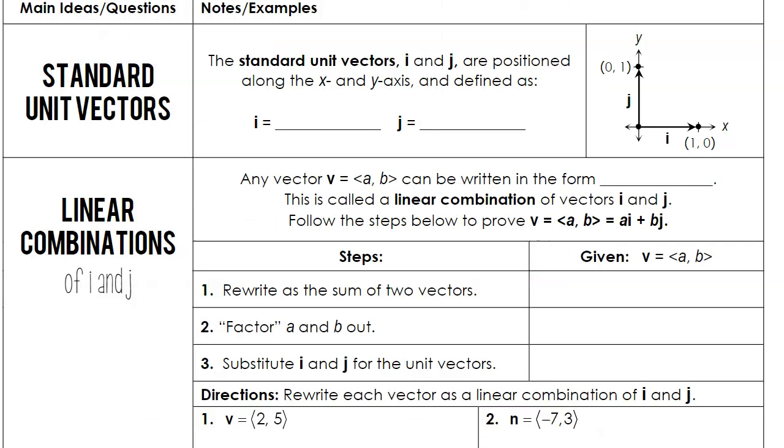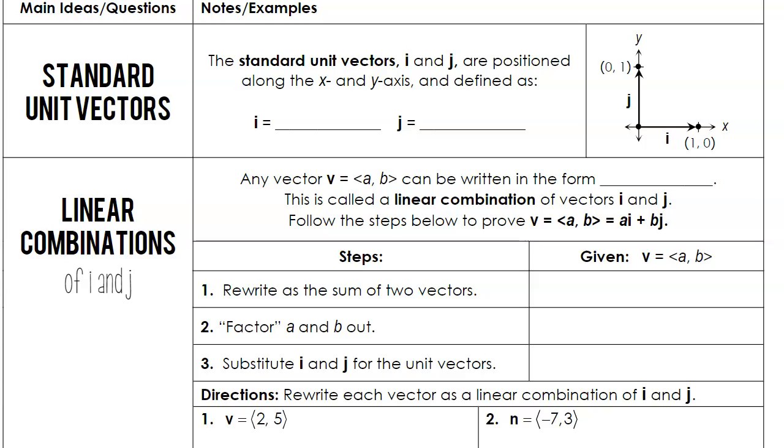So there is another way to write vectors. So far we've learned about writing a vector in terms of 2 points. We've also learned about the vector in terms of component form. Today we're going to learn about vectors written using standard unit vectors, or i and j. It's really quite easy.